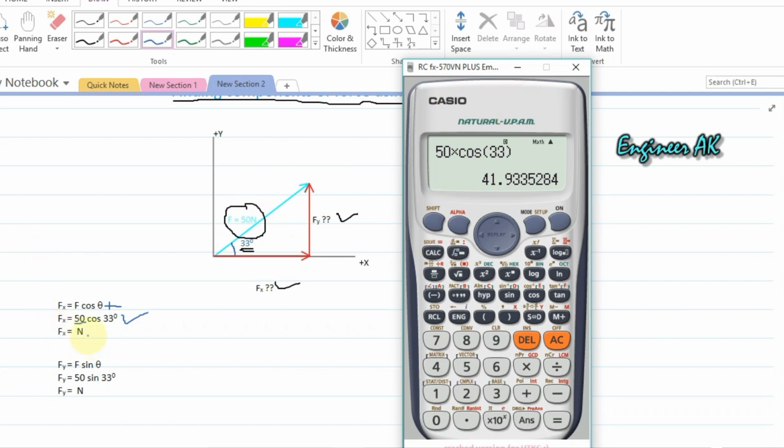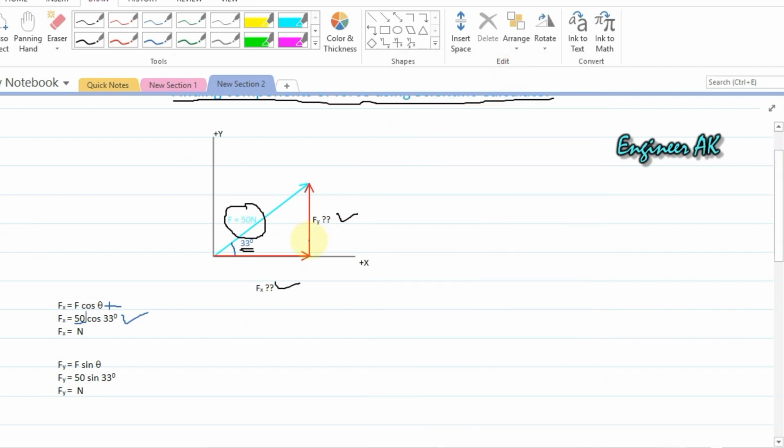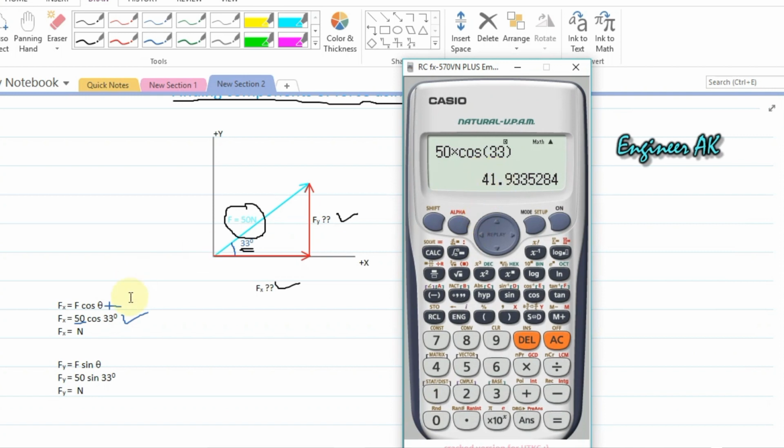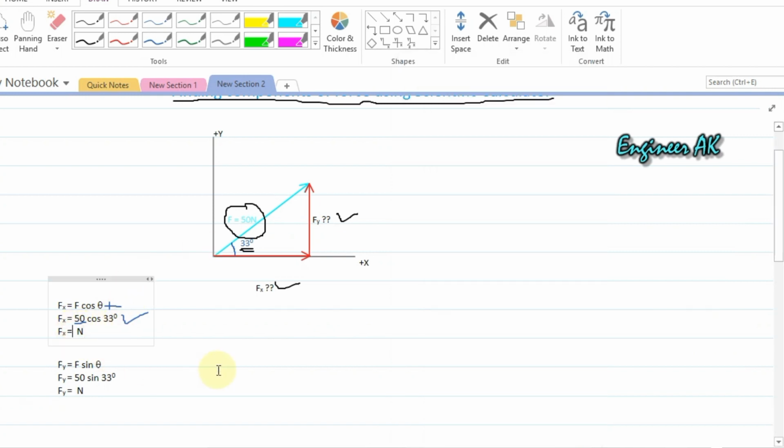Let me plug in the values here. The value comes out as 41.93. Now for the y component, we have the formula F sine theta. Again I am putting the magnitude as 50 as I have mentioned here, and the angle is 33 degree.